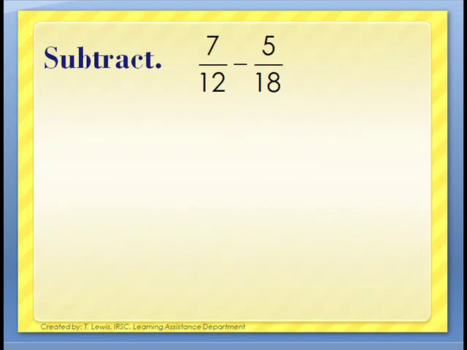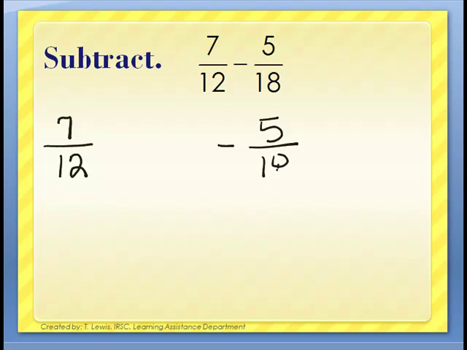We're going to subtract 7/12 and 5/18. So as you look at this question, you notice that the denominators are not the same.